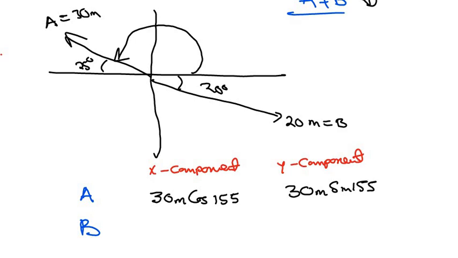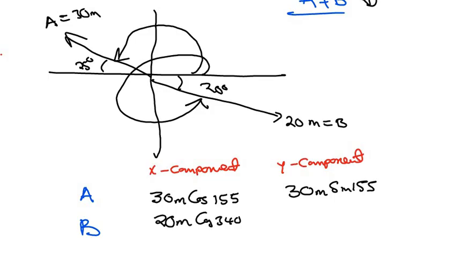Then for b, we get the 20, but the angle we need to use is from here up to where the vector is. We're given a 20 already. So from 360, if you remove 20, that's 340, meaning this is going to be 20 meters cos 340. Then this will be 20 meters sine 340.